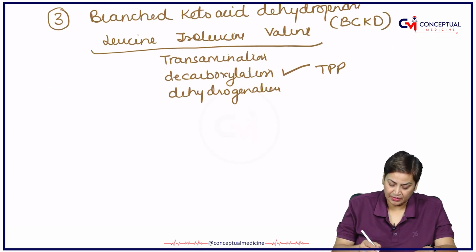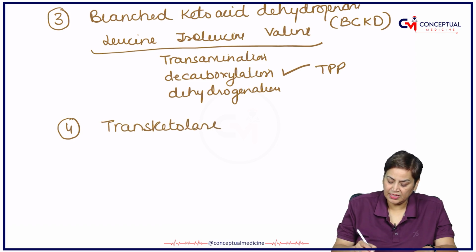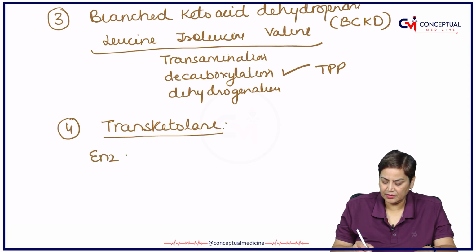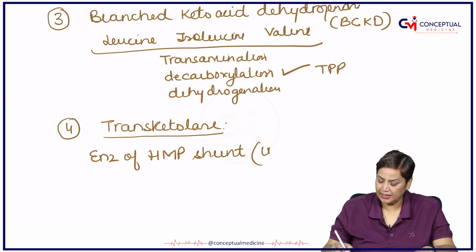Then fourth one is transketolase. Now this transketolase is a very, very important enzyme of HMP shunt, which plays a very important role in RBCs.